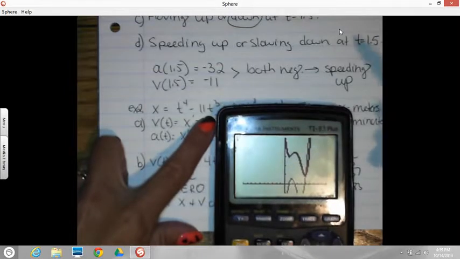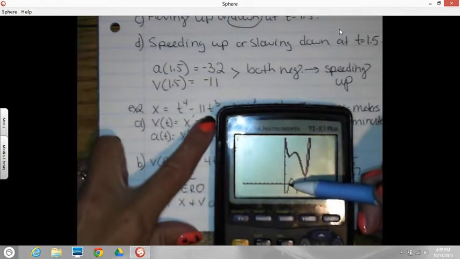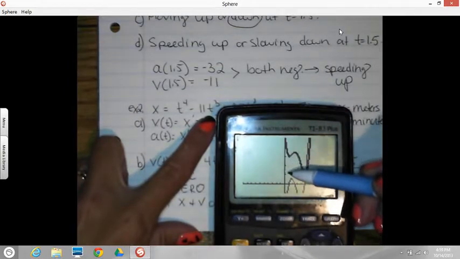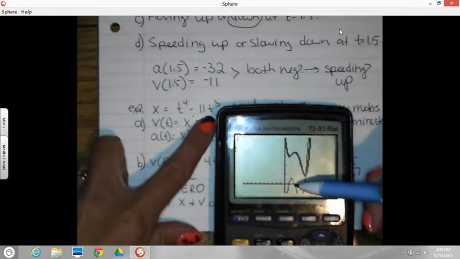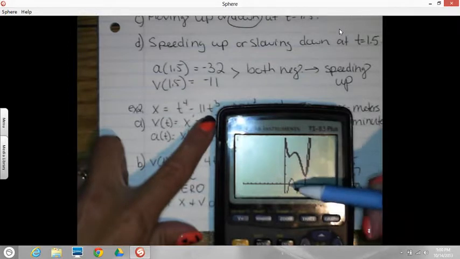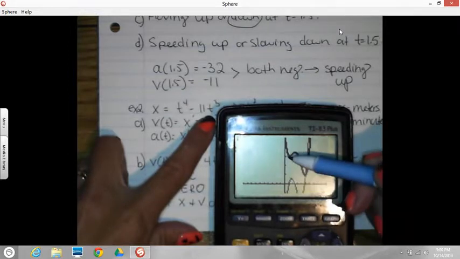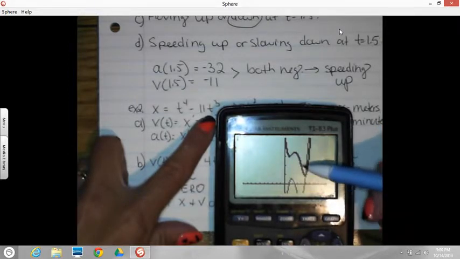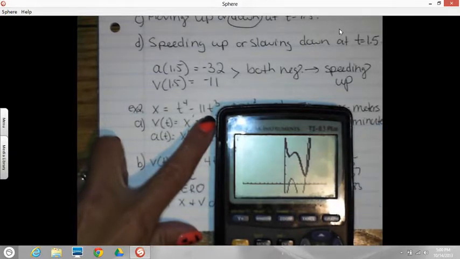So it wants us to match this 0 with what's happening above it. Oh, look at that. This 0. Oh, look at that. And this 0. Remember, when the derivatives are zeros, that means the original graph had a max or a min. You should be picking up on that at this point. We've gone over that several times. If the derivative is 0, there's a max or a min.